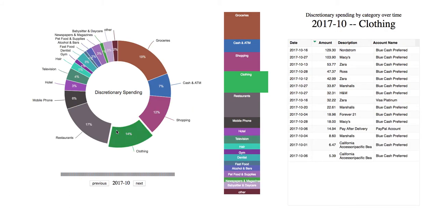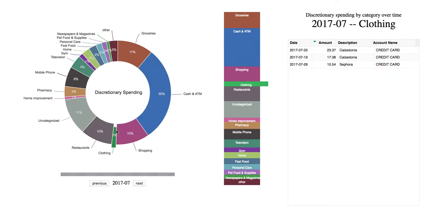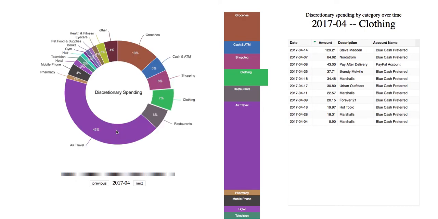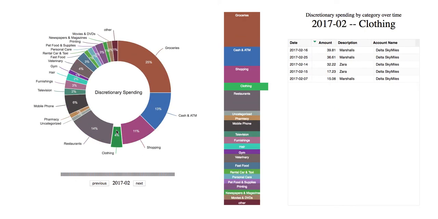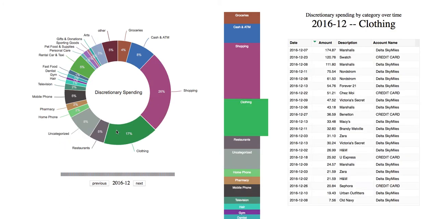Yes, there's more spending in the autumn of 2007. It drops to nothing in July. There's a little chunk during summer. And we go back further to March. There's a chunk in February, not much. And January, nothing counted in clothing. Go back one more month and we get the clothing expenditure in December.